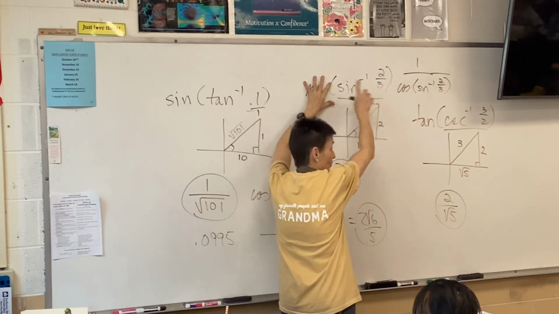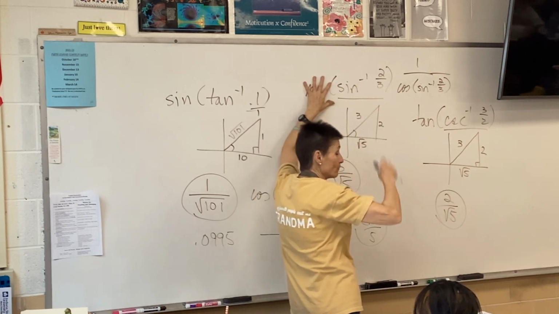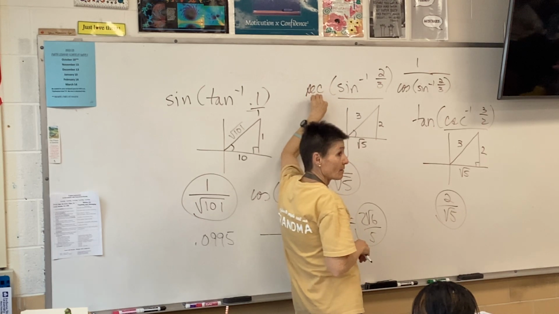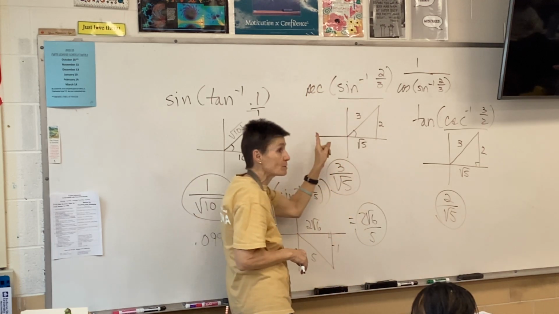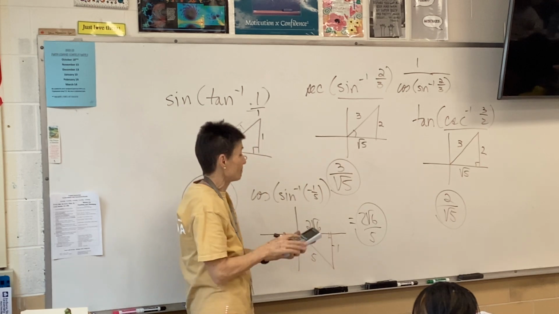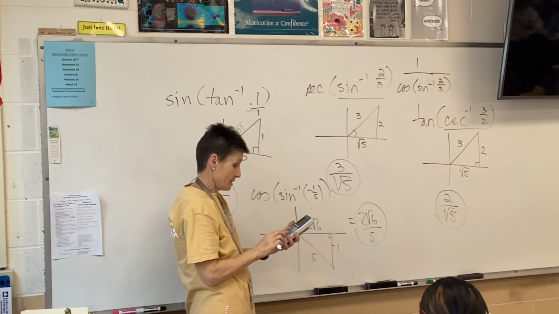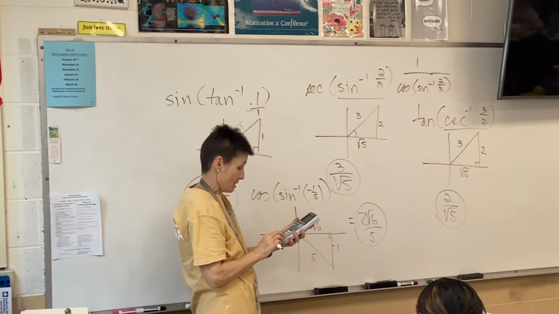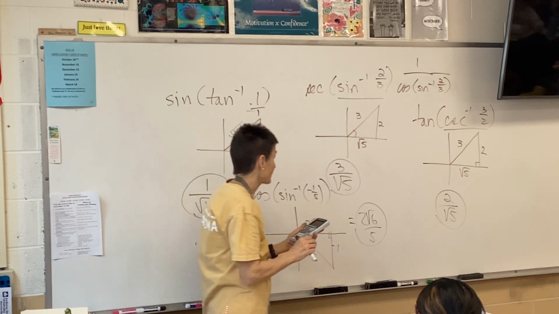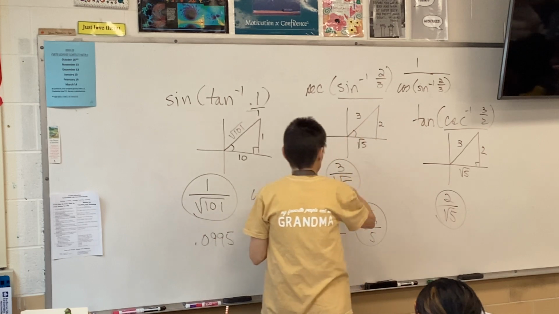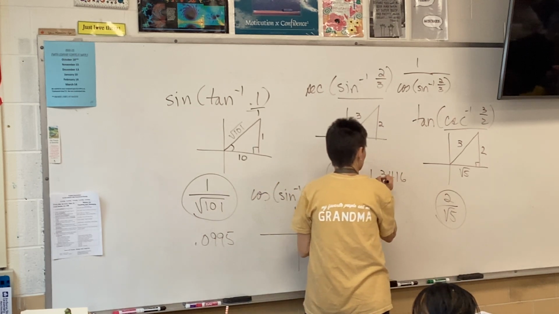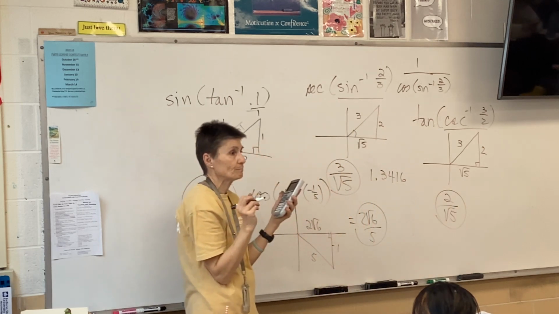This is an angle. You could type that in and get whatever, 45 degrees, whatever it is. And then you need the secant of that, so it's going to be 1 over the cosine of that angle. So 1 divided by cosine, second sine, 2 divided by 3. I got 1.3416. Did you get that?